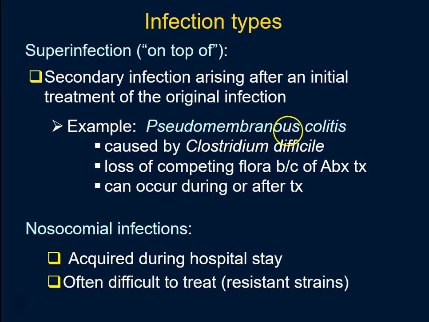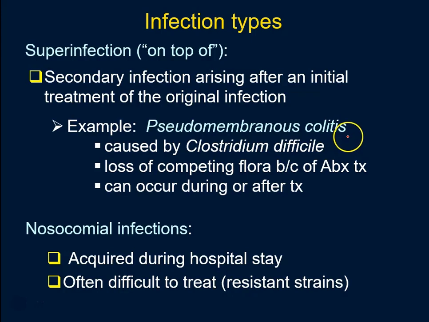There aren't that many examples of this, but a clear example is, of course, pseudomembranous colitis. We talked about Clostridium difficile, C. diff, which is often a problematic bug when it invades the GI tract, and typically occurs if a patient has been treated with a broad spectrum antibiotic that wipes out a lot of the native normal flora, and that creates an opportunity for Clostridium difficile to take hold and cause a more severe infection known as pseudomembranous colitis.